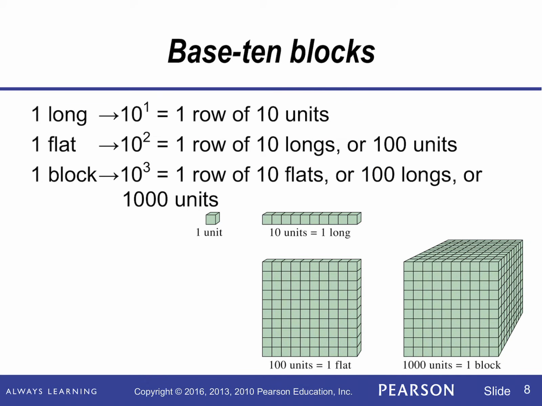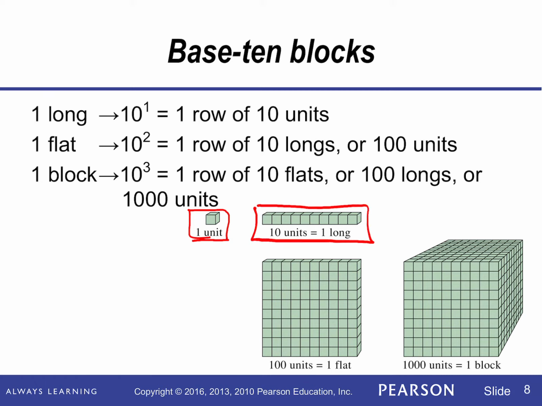Okay, so we want to look at different ways to help kids visualize numbers. And so the first thing we're going to look at here is base 10 blocks. So I'm going to think of a unit as just this little block, and we'll get these out in class. If I have 10 units, I'm going to glue them together into this stick figure looking, and we're going to call that a long.